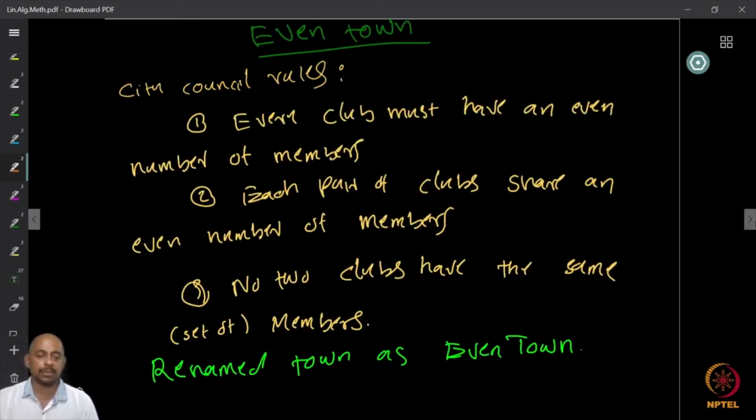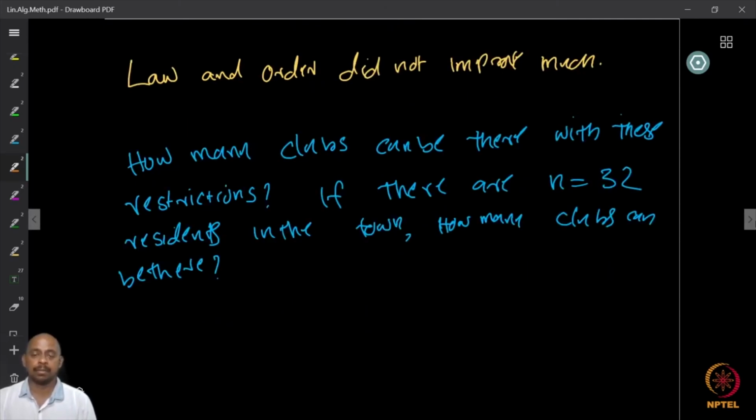Because people follow these rules, each club must make sure that this is followed, and hence we can figure out the number of clubs if there are, let's say, 32 residents in the town. So only 32 people in a small town. Now how many clubs can be there? I want you to think about this and come up with any number that you can have. Okay. So think about it for some time and then get back to continue the lectures.